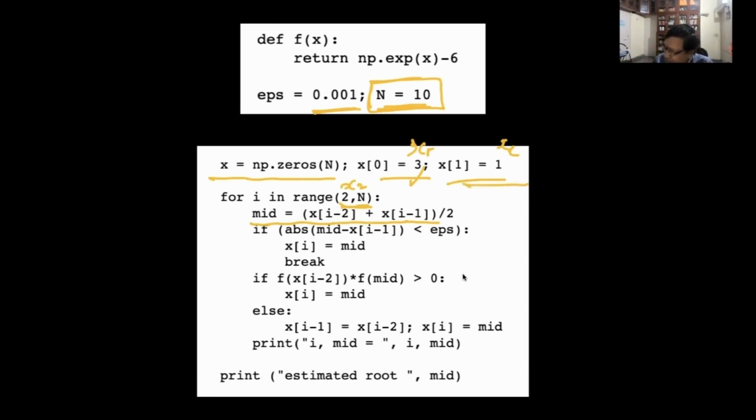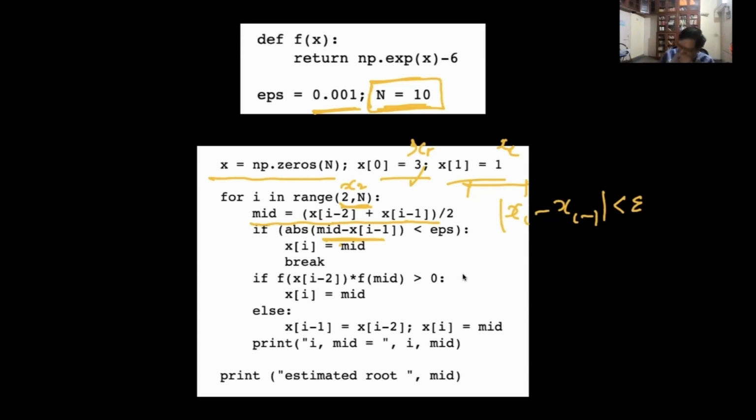We should always keep 2 points, one to the left and one to the right. Now, if the mod of mid minus xi minus 1, my new value minus the previous value, is less than epsilon, that is a measure. I don't know x star. If I knew x star, I wouldn't need to do all this.